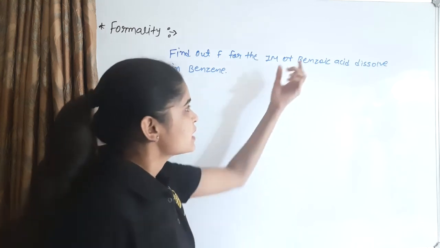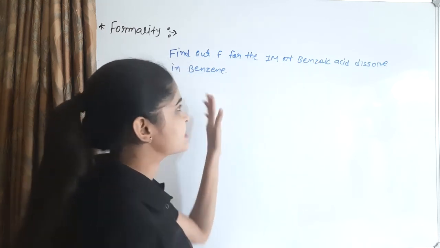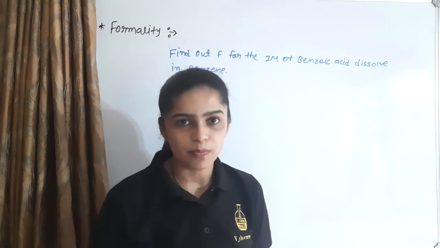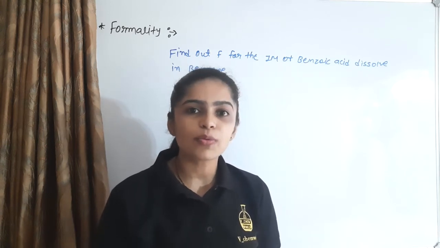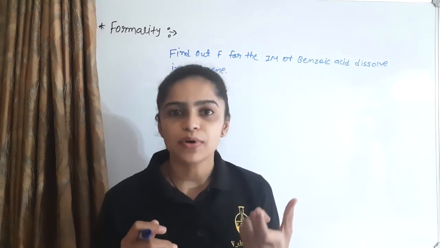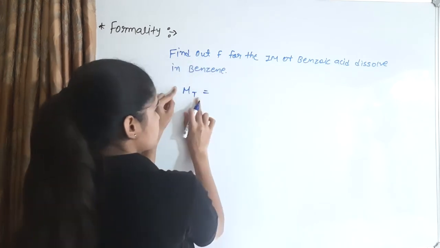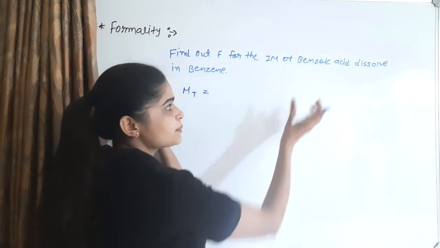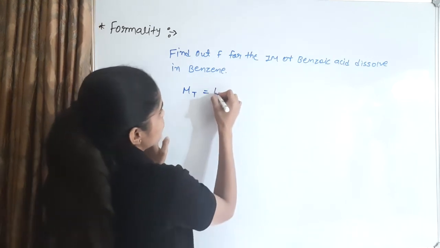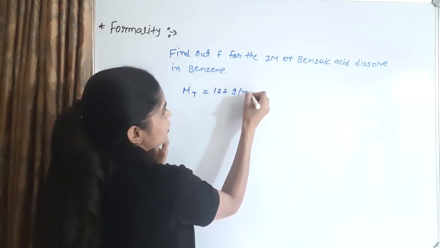We know that benzoic acid dissolved in benzene converts into the dimer form. So as the formula mass, we use the dimer form. The theoretical molecular mass is only benzoic acid, 122 gram per mole.